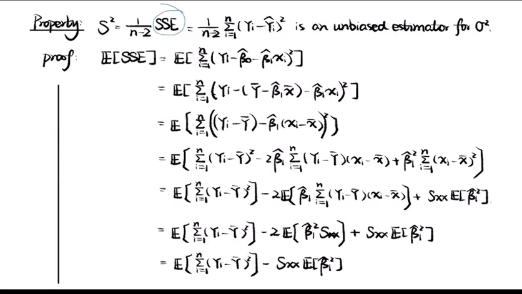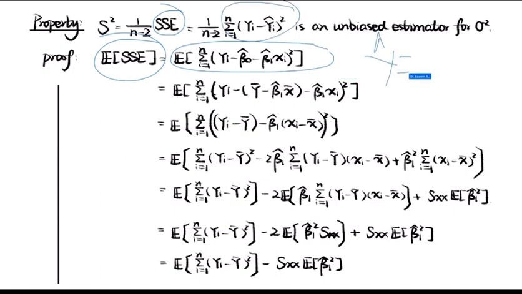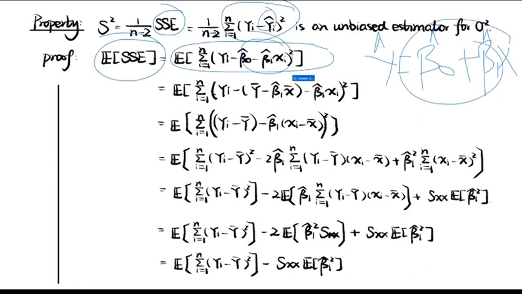Now I'm going to find the expectation of the sum of square error. As you can see here, the sum of square error is this guy, and don't forget that y cap is beta naught cap plus beta 1 cap x. So wherever I see y cap, I'm going to put this guy, that was why you see that.